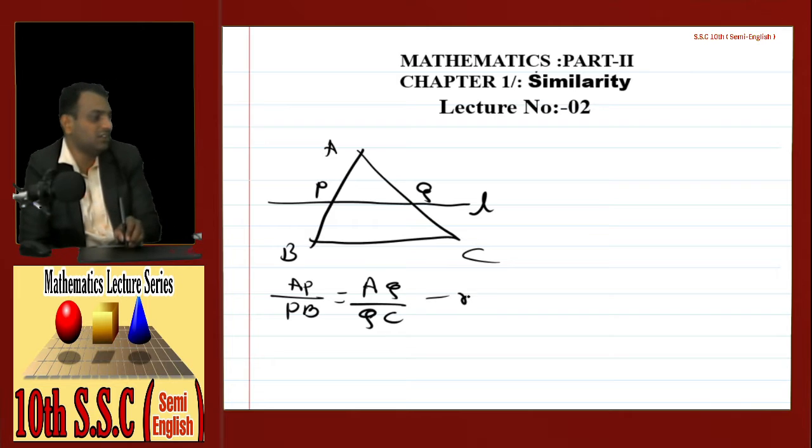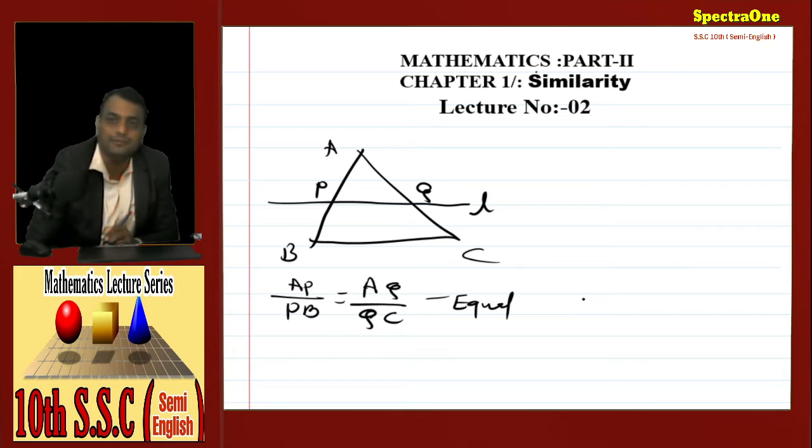That ratio is equal. This is the basic proportionality theorem.